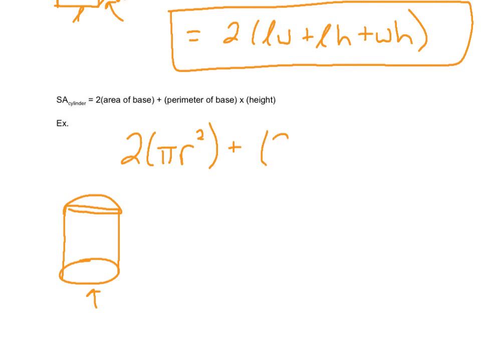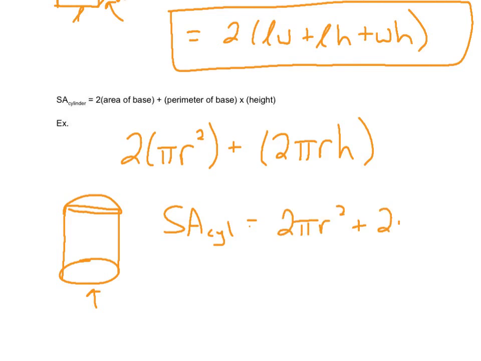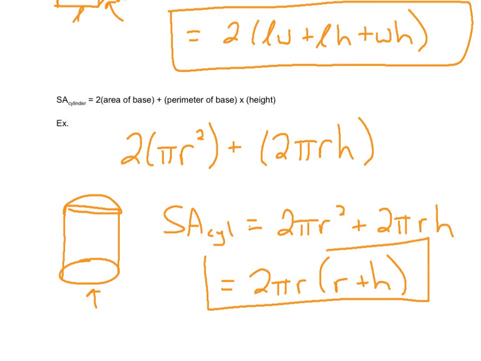Circumference is 2 pi r, multiplied by the h. And so this is a nice formula for the surface area of a cylinder that you can remember: 2 pi r squared plus 2 pi r h, or if you wanted to simplify or factor it, you could say 2 pi r times r plus h, and that's a nice formula that you can use.